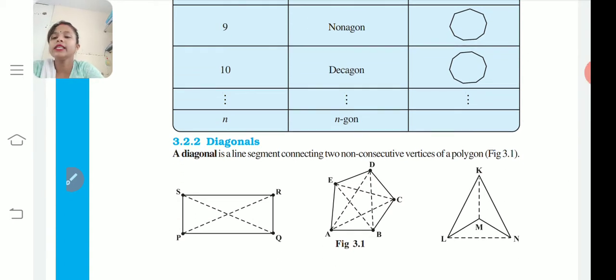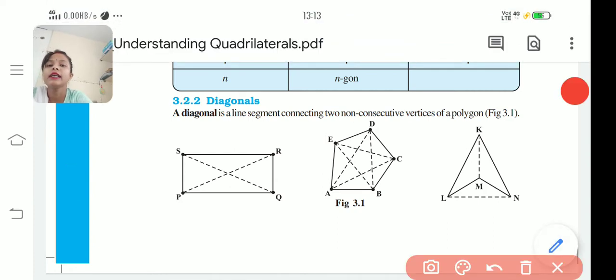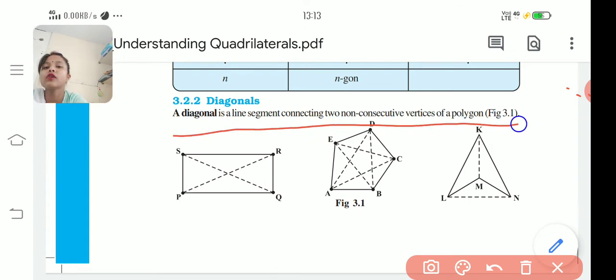Now we will discuss diagonals. What are diagonals and how are they formed? A diagonal is a line segment connecting two non-consecutive vertices of the polygon.